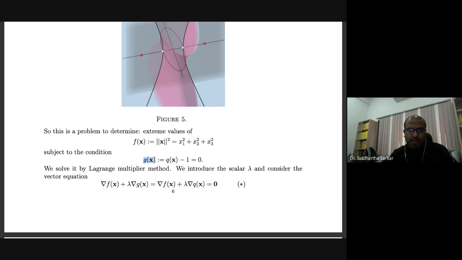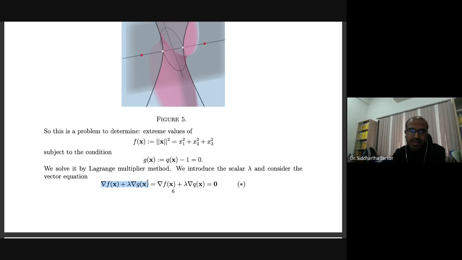Okay, so Lagrange's multiplier says what you have to do is look at f(x) plus lambda g(x), call it your phi, and you take the partial derivative of this, equate it to 0, and your g(x) equal to 0, that is, Q(x) is 1. And we have seen earlier that if I just apply the nabla operator, you get nabla f(x) plus lambda nabla g(x).